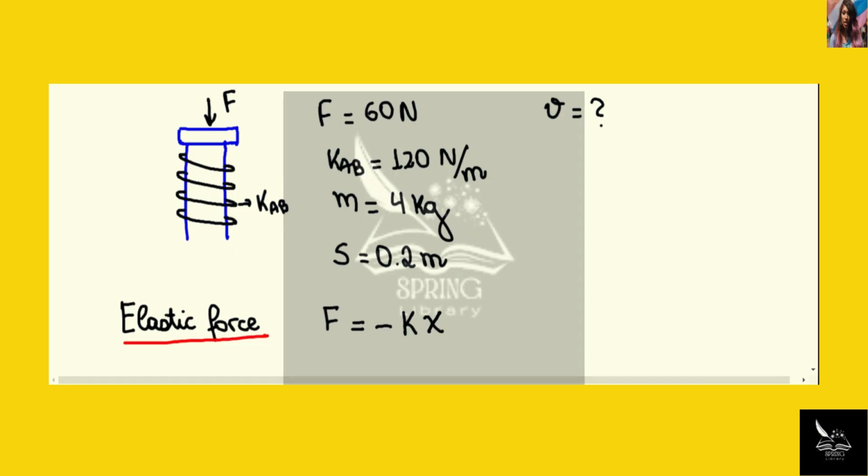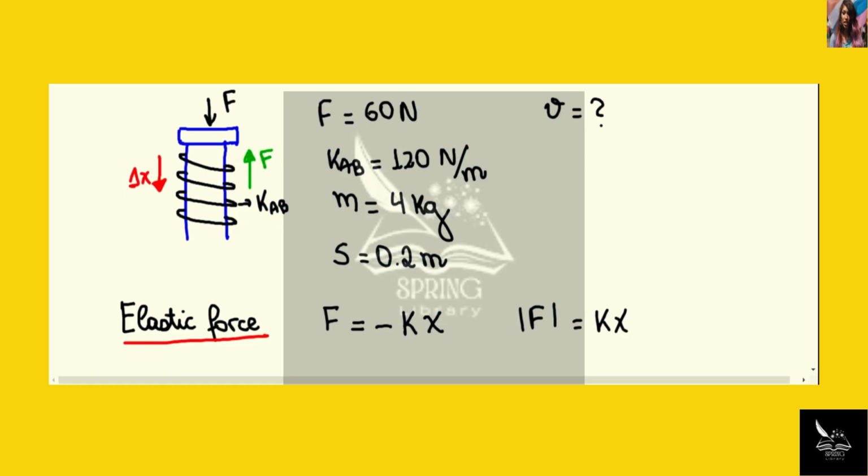In our case, the spring is compressed, so the displacement delta x is pointing downwards, meaning that the force F will be pointing upwards, and its magnitude is kx.